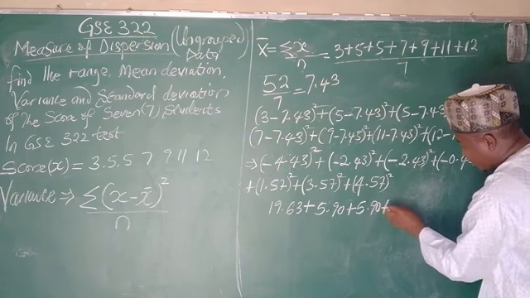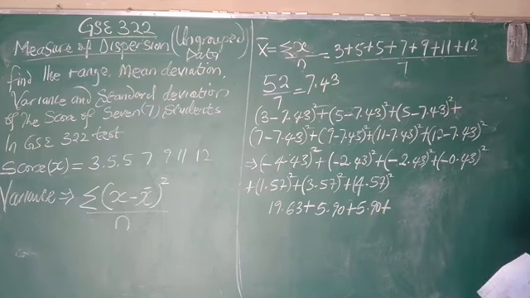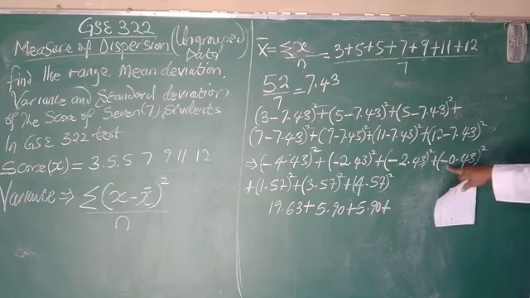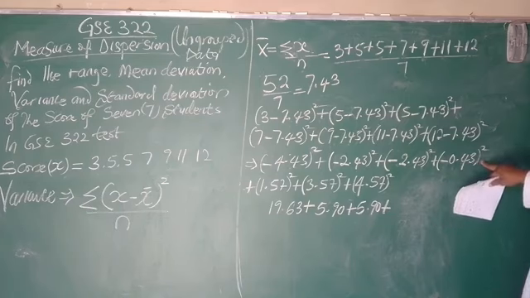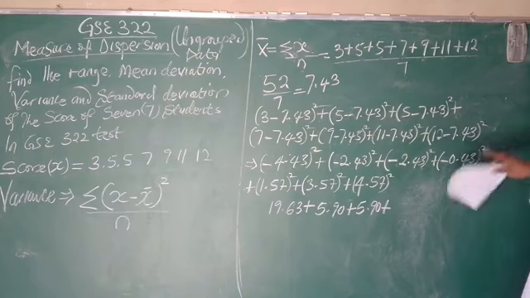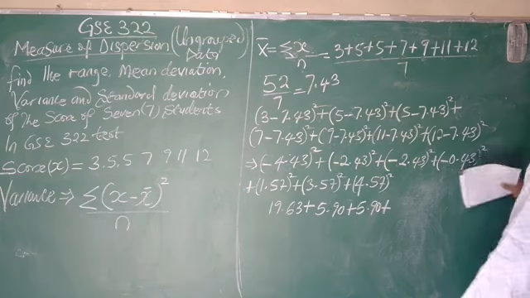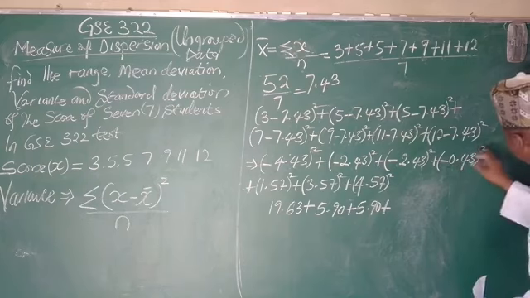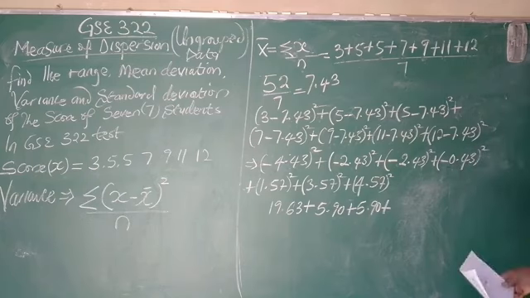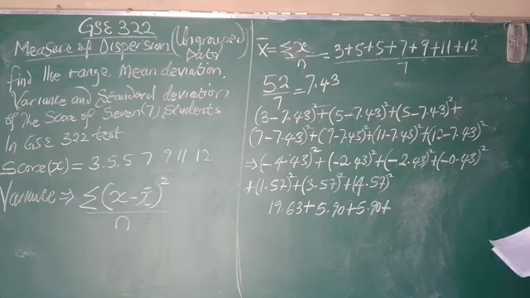Plus 0.43 times 0.43, that's minus 0.43 square. This square will also take away the minus because it's going to be minus times minus, and then 0.3 times 0.3, which is going to give us 0.18.